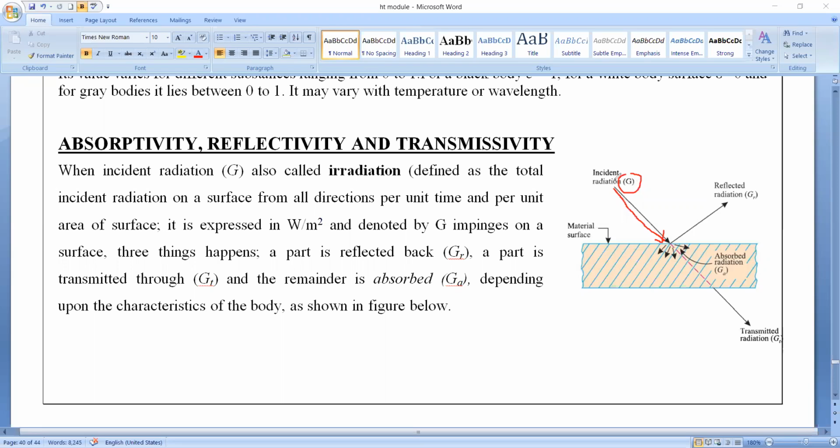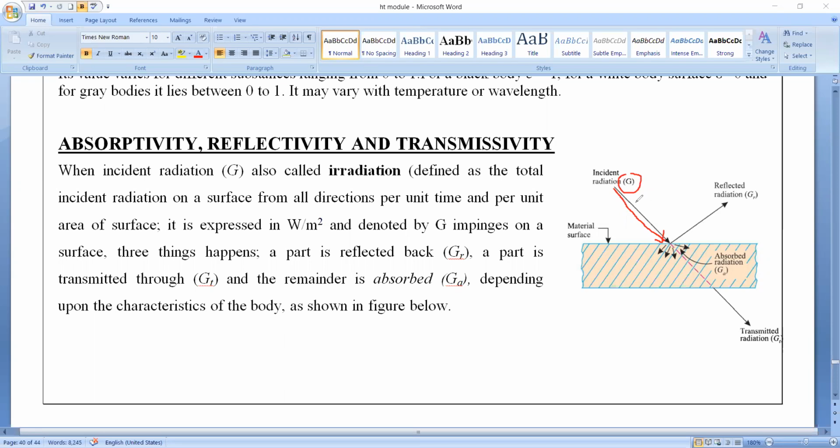When a ray of thermal radiation is incident on a surface, the fraction of this thermal radiation may be reflected back, it may be absorbed, or it may be transmitted through the body. It depends on the material properties.